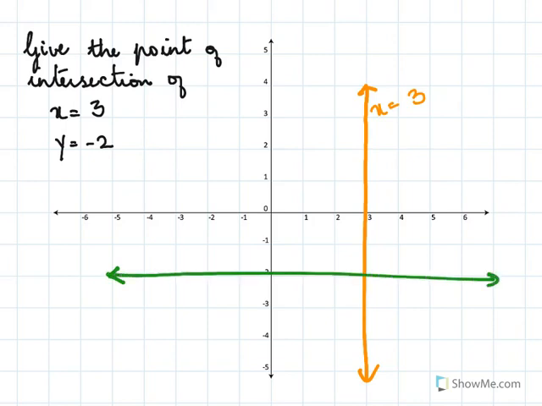So this would be y equal to -2. Now where do they meet? Here's where they meet. And this point is (3, -2). So the answer for this would be (3, -2).